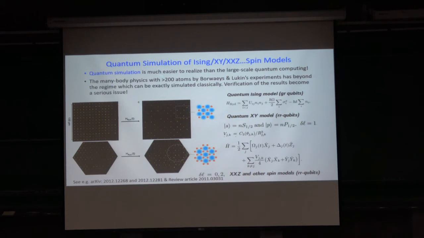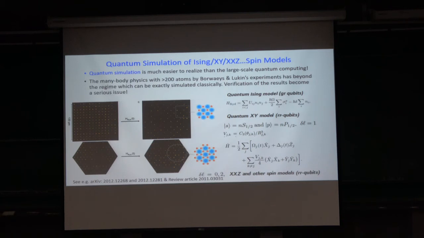For example, these are experimental data, not simulation. You prepare atoms like this, and then you shine laser light to excite them to the Rydberg state. For the dark sites, the atoms will be repelled when you turn on the trap, and what is left are the ground state atoms. So you can see some places are Rydberg.